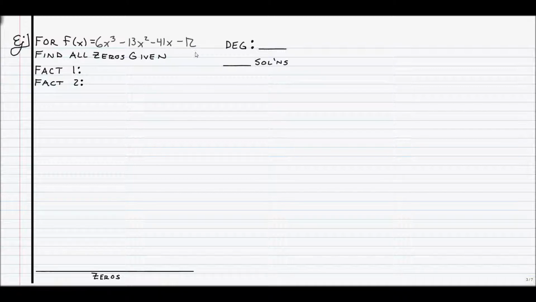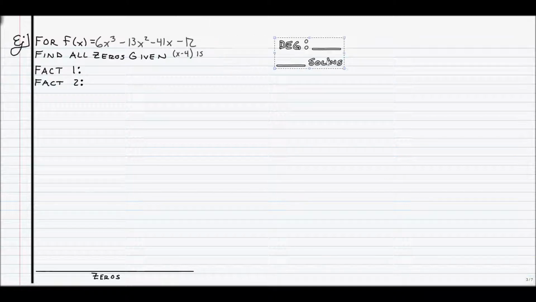And we are going to be given, in this case, that x minus 4 is a factor. Okay, so there we go.